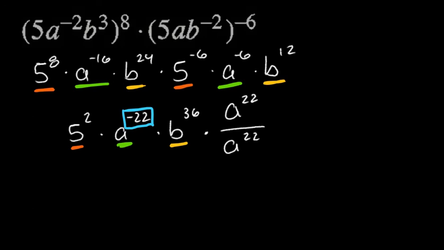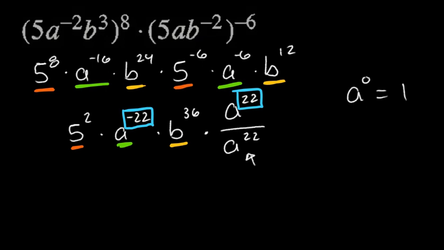Well, when I've got a to the negative 22nd power times a to the 22nd power, and I add those, that would become a to the 0 power. And anything raised to the 0 power turns out to be just the number 1. So what that does for me is it allows me to get rid of the a to the negative 22nd power, and it ends up putting 22 factors of a in my denominator.